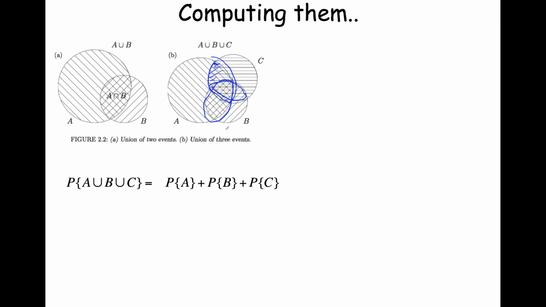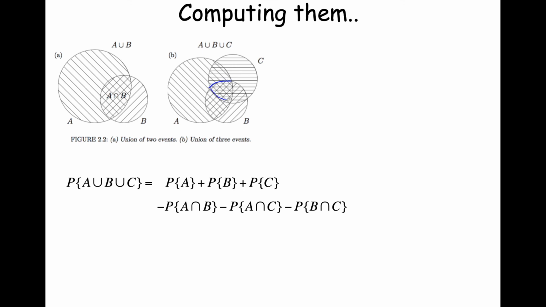You fix that up, like we said before, by subtracting them out. So you take these probabilities, you subtract out the overlap between A and B, you subtract out the overlap between A and C, you subtract out the overlap between B and C. Okay, so now we subtract that out, but there's a problem. When we subtract that out, let's take a look at this central region here.